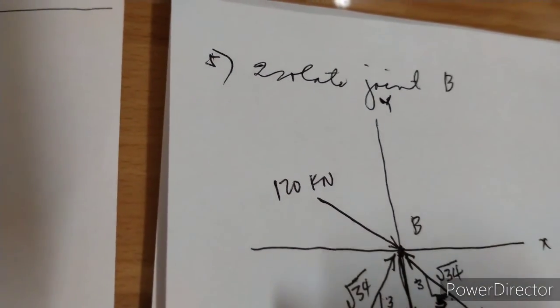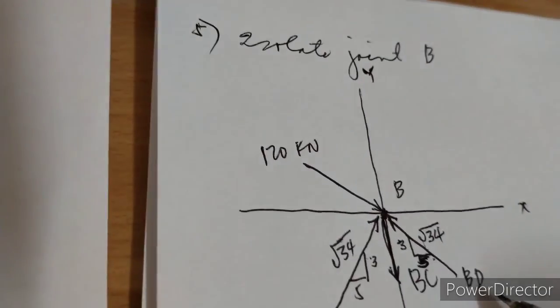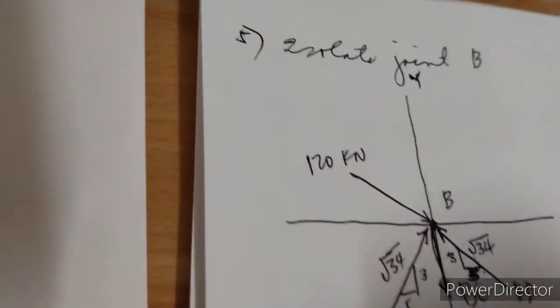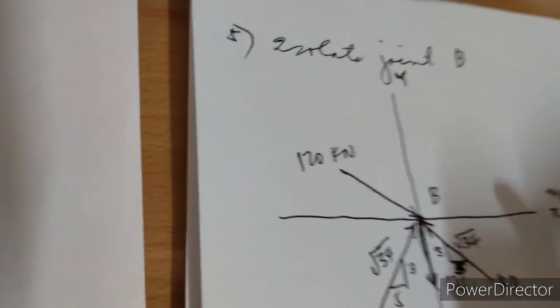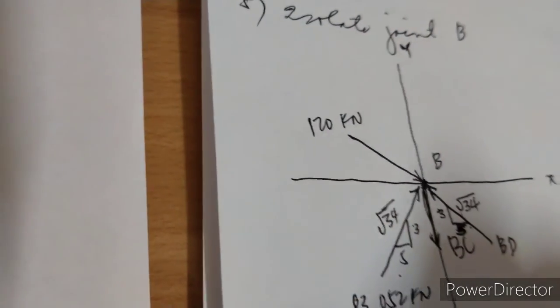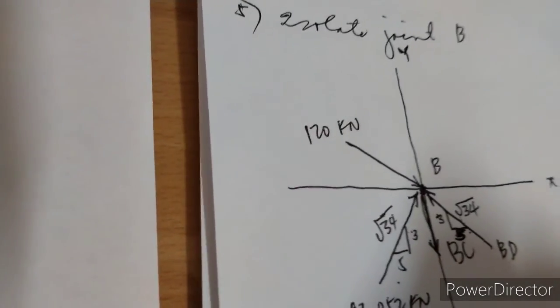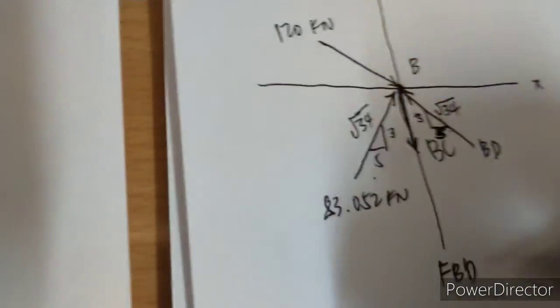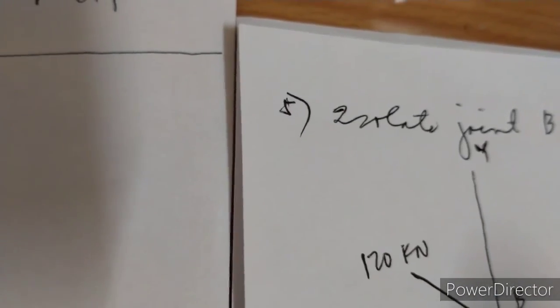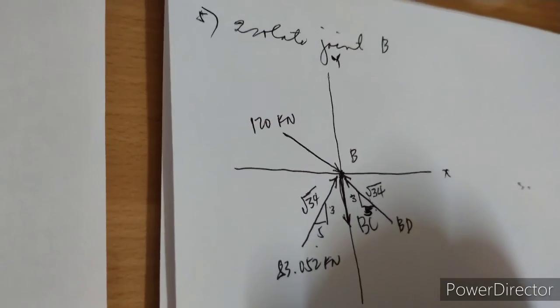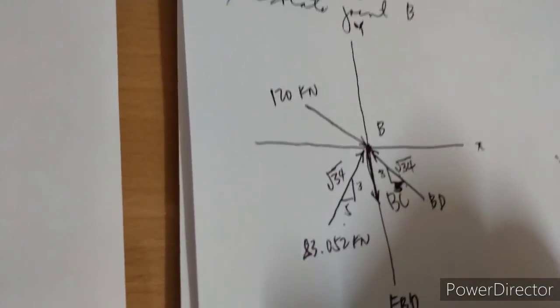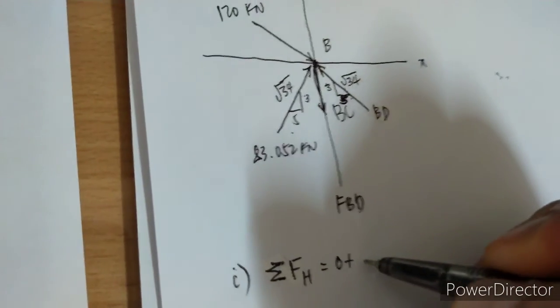Summation forces horizontal. So BD is going to the left. We're going to consider the horizontal component of this is negative, so positive yung 120, the horizontal component of this, and this one is positive, is going to the right. So let's try first to write summation forces horizontal is equal to 0, positive going to the right.